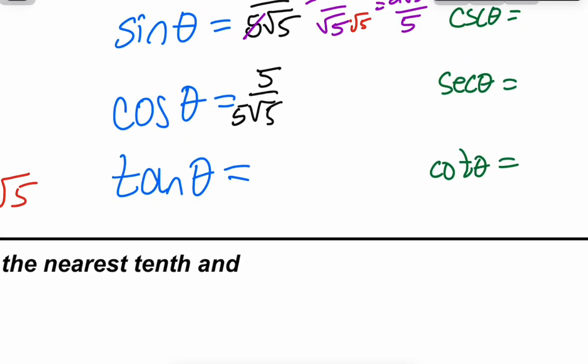Adjacent over hypotenuse. 5 goes into 5 one time. So that's 1 over radical 5. We got to rationalize. Multiply by radical 5 on top and bottom. We get radical 5 over 5 is our simplified answer for that one.